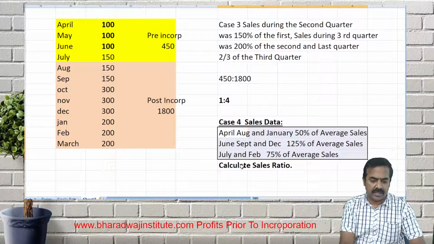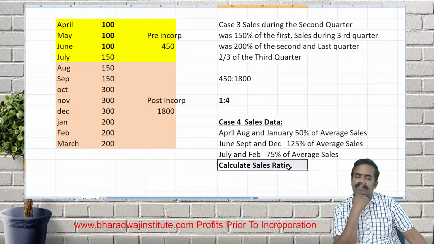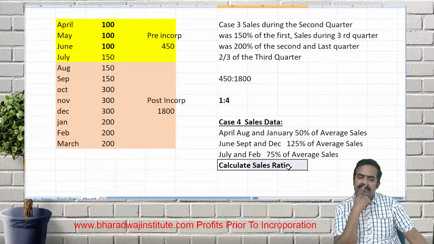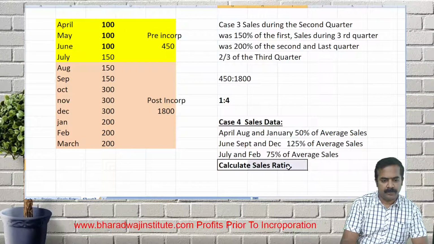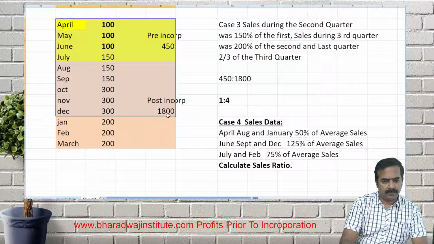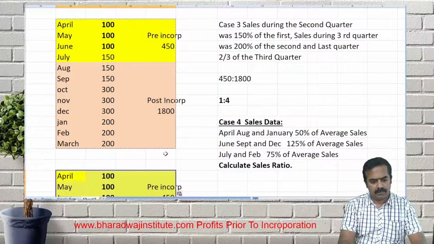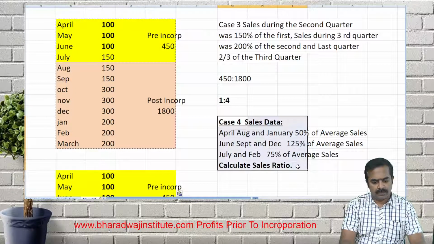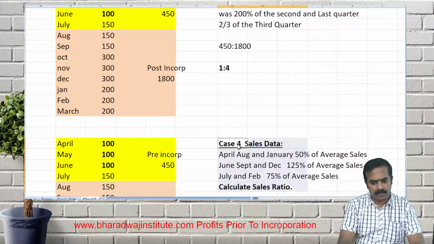So they ask you to calculate which ratio? Sales ratio. So 11:30.